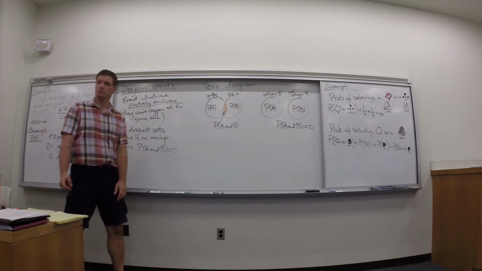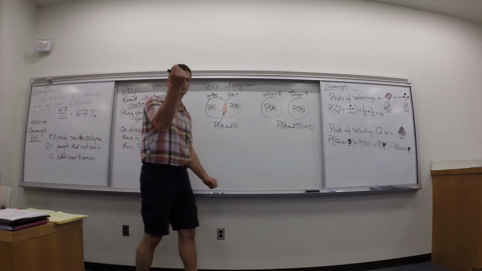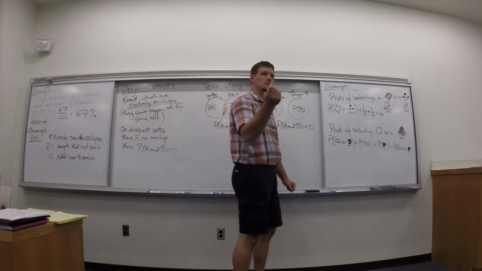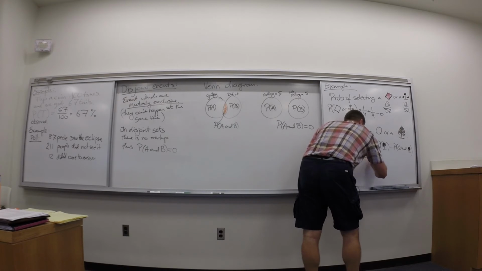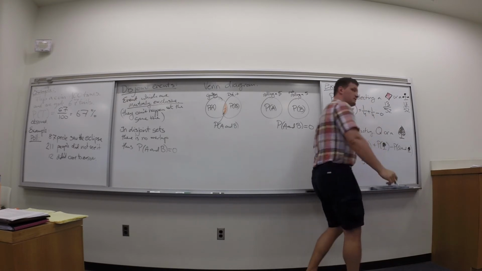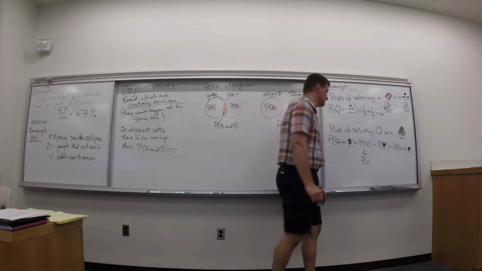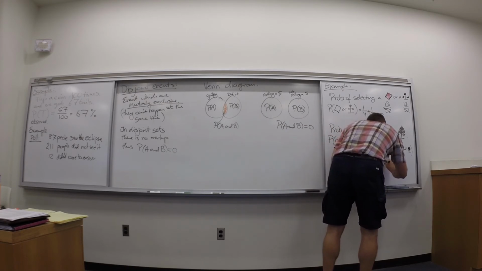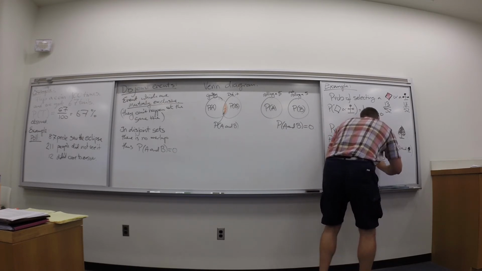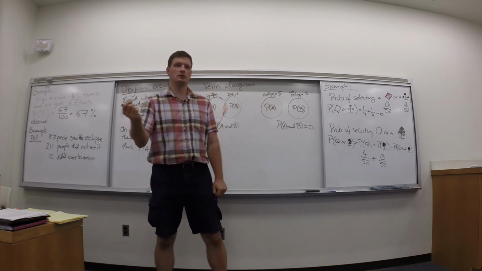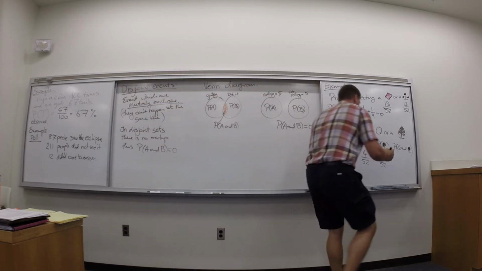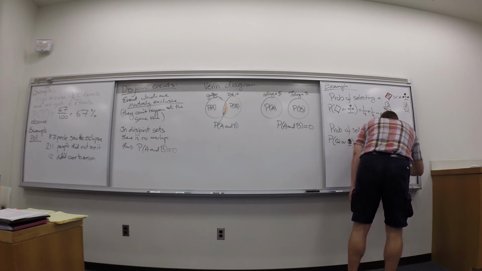All right. Chances of picking a queen: 4 out of 52. Chance of pulling a spade: 13 out of 52. Is there a card where if you pull it, it's a spade and a queen? Yes, it's the queen of spades. And there's only one of them.